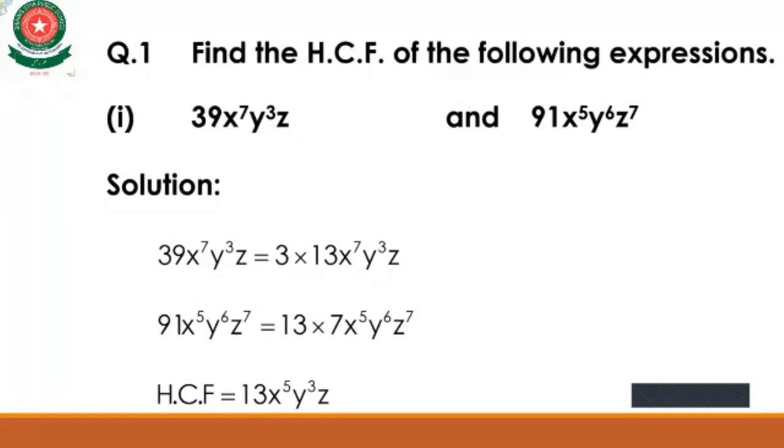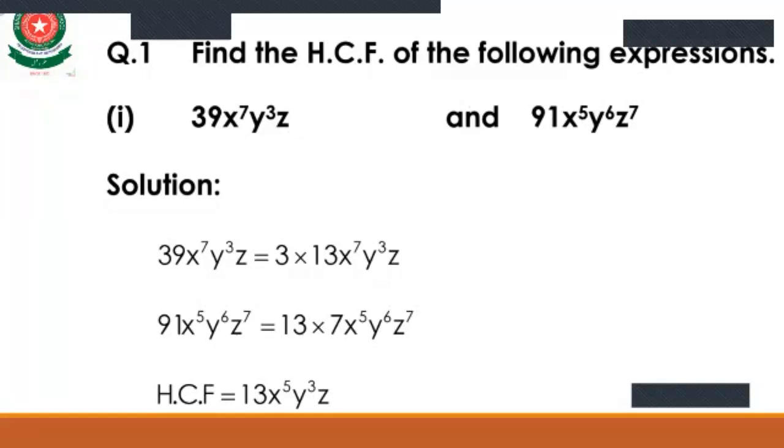So see that here 13 is common in both terms, so taking 13 common. Here the smallest power of x is 5, so x^5 is common, that is the highest common factor in both terms.